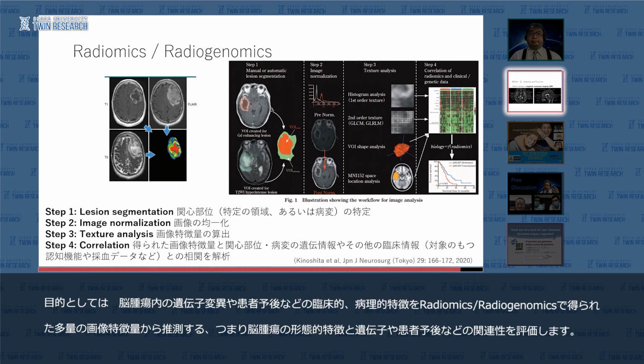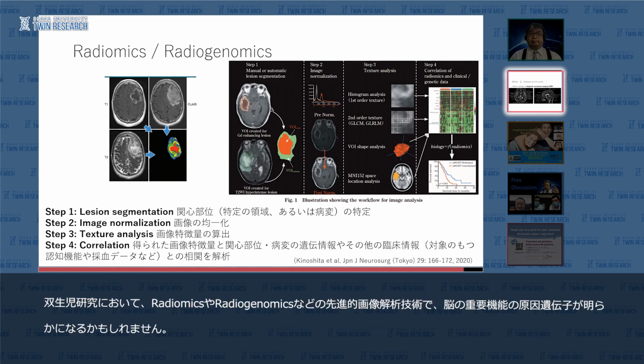This illustration shows the workflow of image analysis in radiomics or radiogenomics. This is the case of brain tumor. Throughout this image analysis process, many image characteristics are identified, which is data mining.